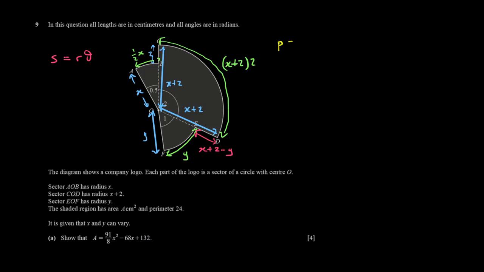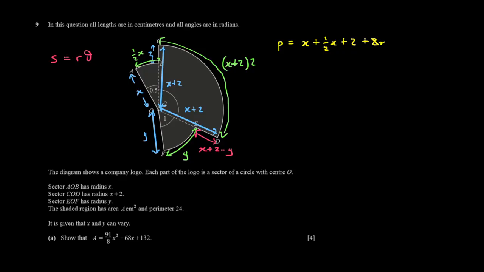Okay, well, if that's the case, then we should be able to get an expression for the whole perimeter. The perimeter is going to be equal to, let's go around it in order, x plus a half x plus 2 plus x plus 2 times 2 plus x plus 2 minus y plus y plus y. So that's exactly what I'm going to do. I'm going to go around again in order. x plus a half x plus 2 plus x plus 2 times 2.